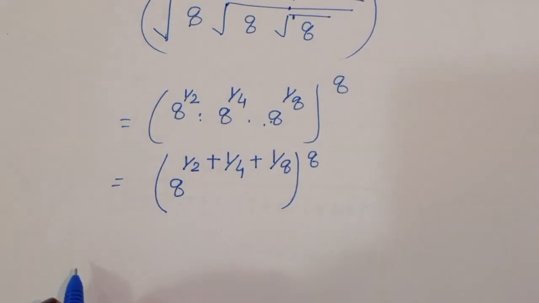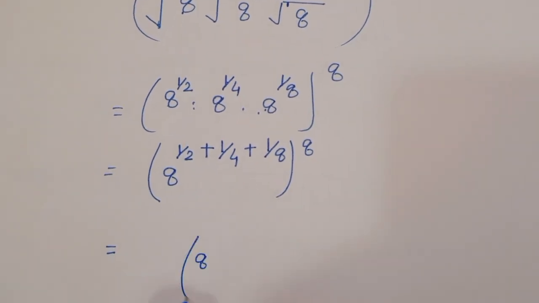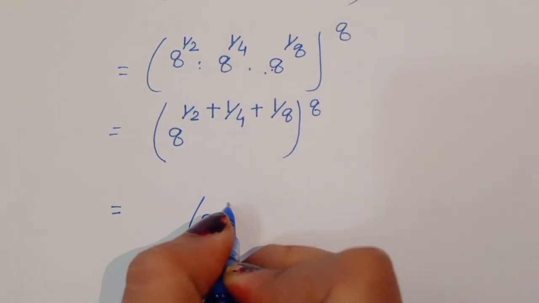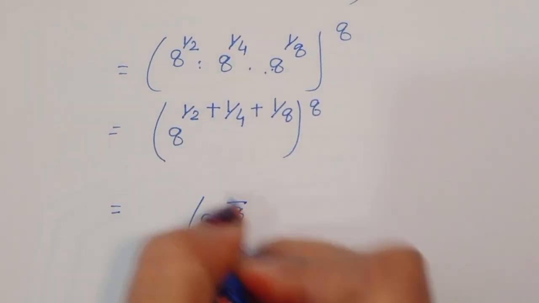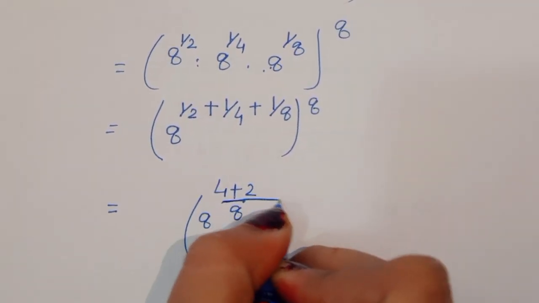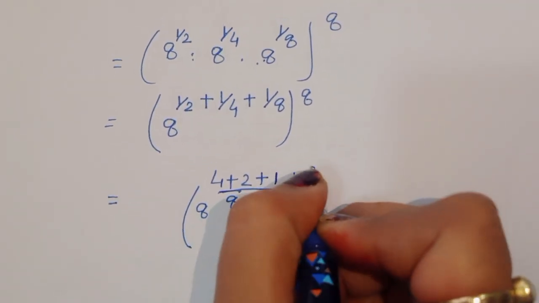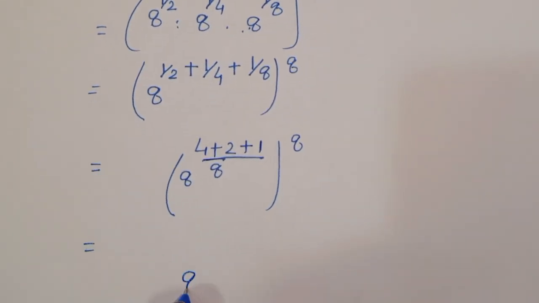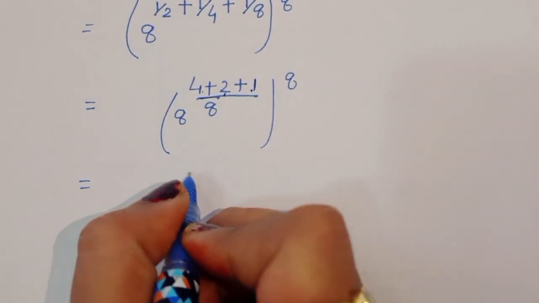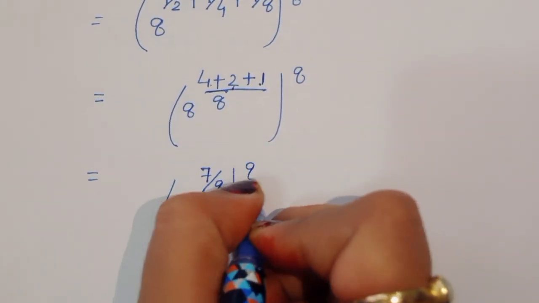Now we are adding these powers, taking the LCM, which is 8. So 4 plus 2 plus 1 is 7, giving 8 power 7 by 8, to the power 8.